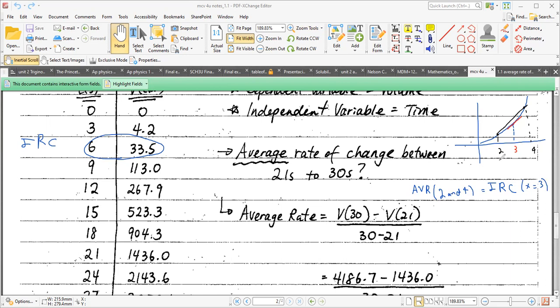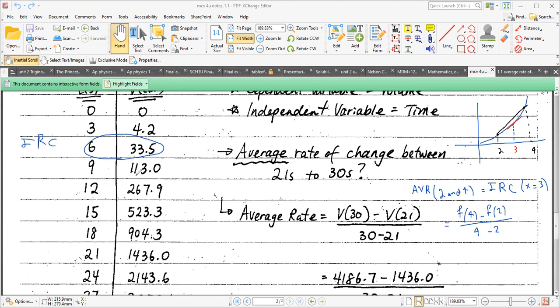So just finding f of 4 minus f of 2, y2 minus y1, divided by x2 minus x1. So this will give you the instantaneous rate of change at 3.